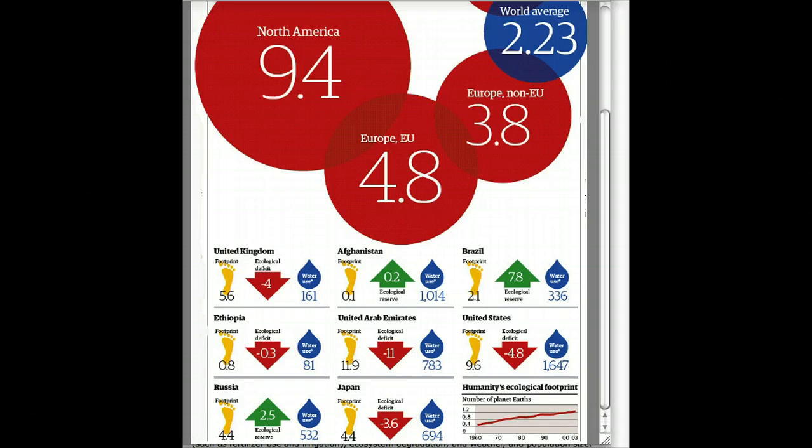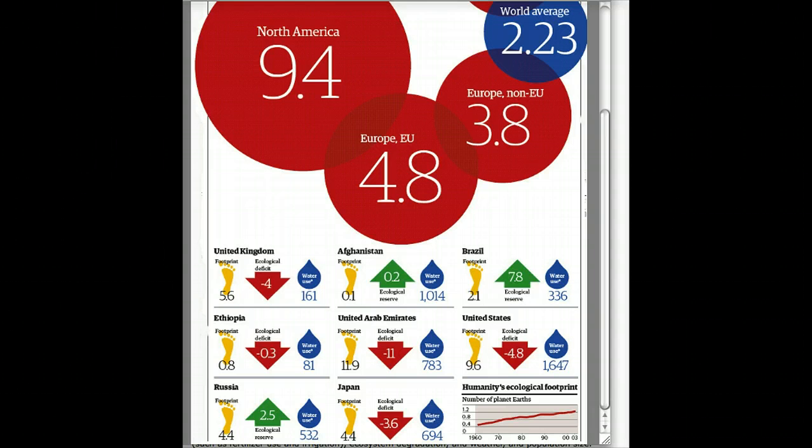The IPAT formula that we talked about in the last video was developed in the 1970s by Paul Ehrlich and others, and as I mentioned, some have suggested that a better term for measuring impact is this idea of ecological footprint. The term ecological footprint was popularized by a study done in 1997 by Wackernagel and colleagues for the Earth Council.